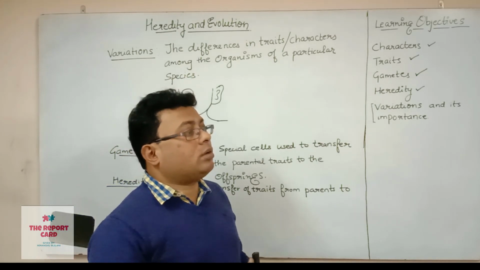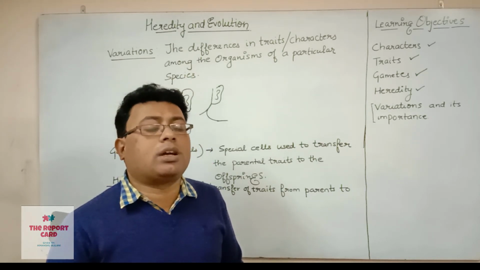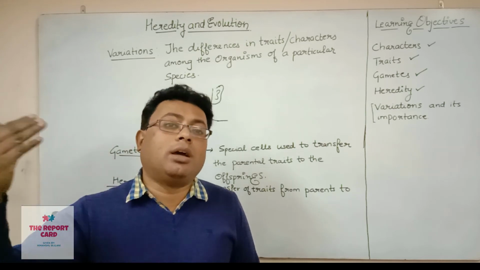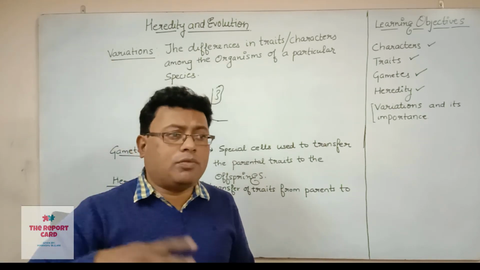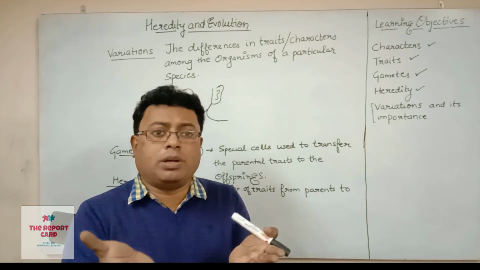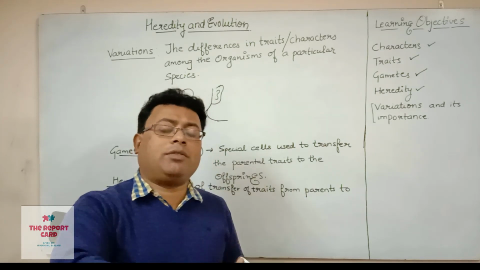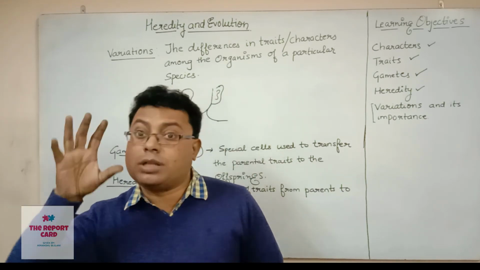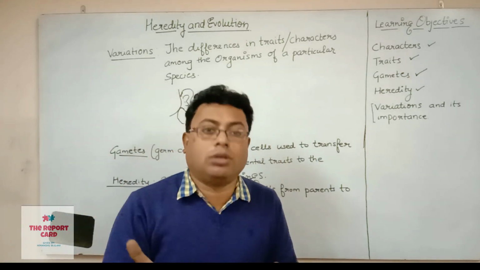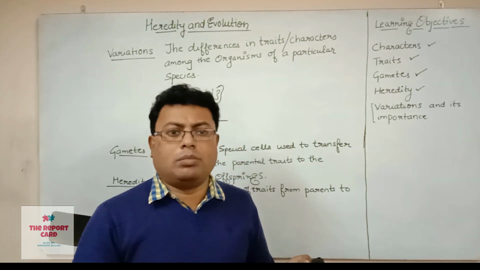These variations only gain importance if they continue to be inherited over several generations. Variations become visible only if they are inherited. If they continue to be inherited over several generations, then only will you be able to see that particular variation. Otherwise, you will not be able to notice it.